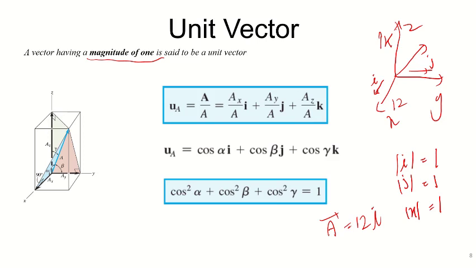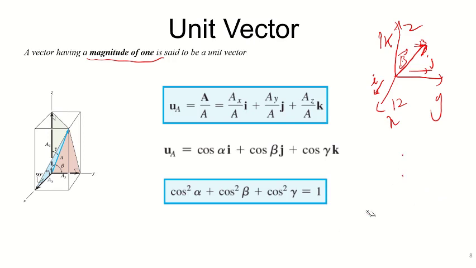So if we can find the unit vector in this direction, and if we know the magnitude of this b vector, then we can express this b vector using this magnitude and the unit vector along this direction, right? So that is the importance of the unit vector, right?